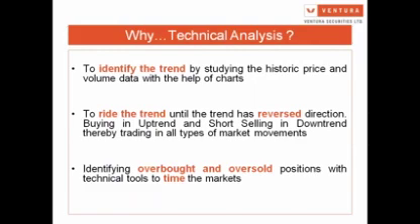And in overbought, from bullish to bearish. So overbought and oversold positions help us to identify that the scrip is at a level from where we can expect heavy selling or heavy buying. That leads to a change in the direction of a trend.